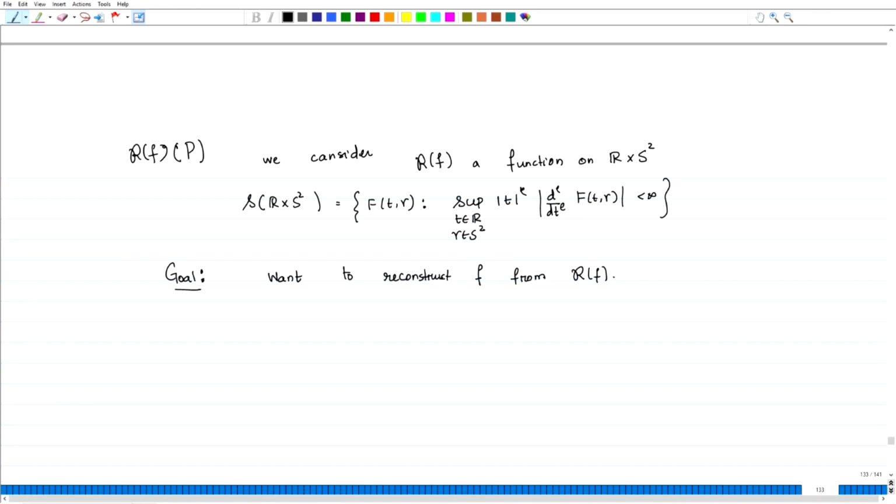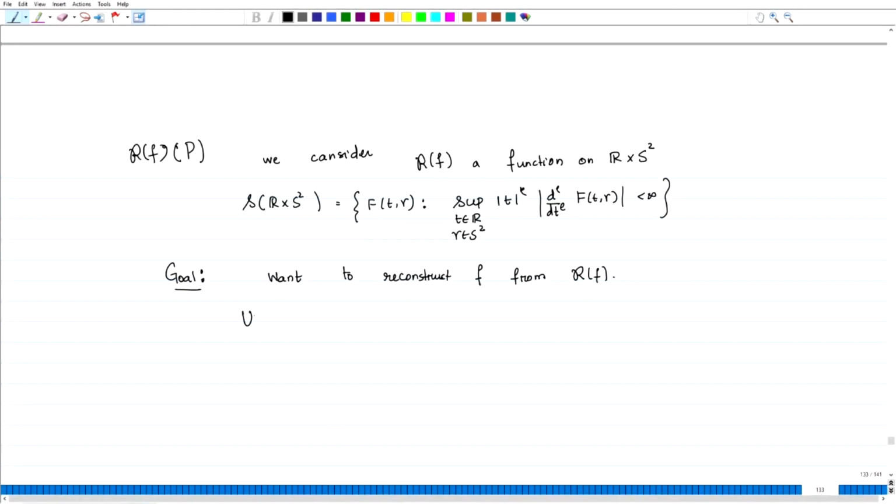An easier question would be: for two functions f and g, if the Radon transform gives the same image, is it necessarily true that f is equal to g? That is the first thing, which mathematically we call uniqueness.